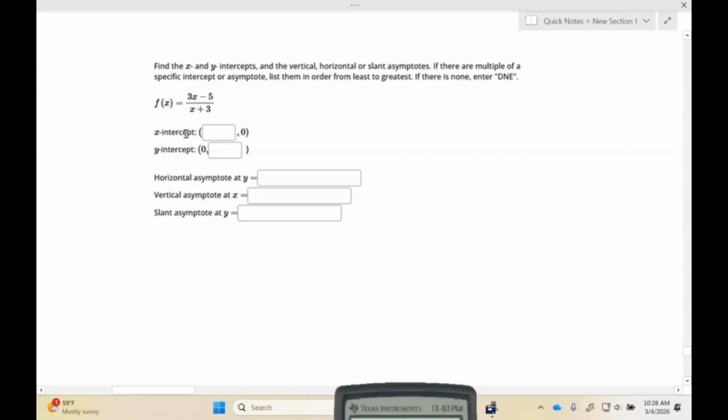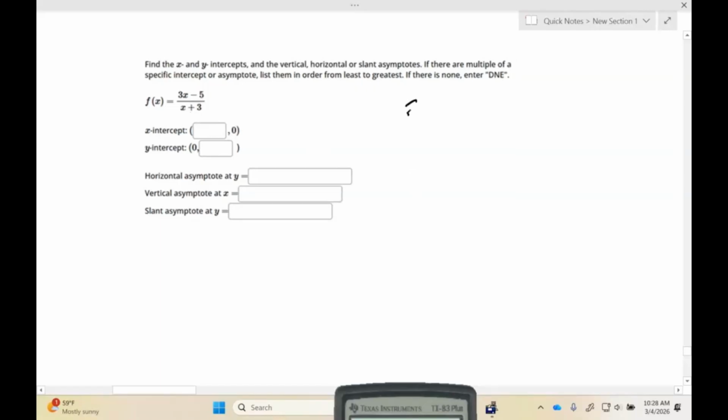So how would we find the x-intercept? All right, in order to find the x-intercept, we let y equal 0 and solve for x.